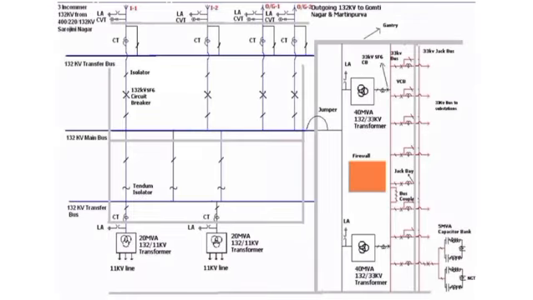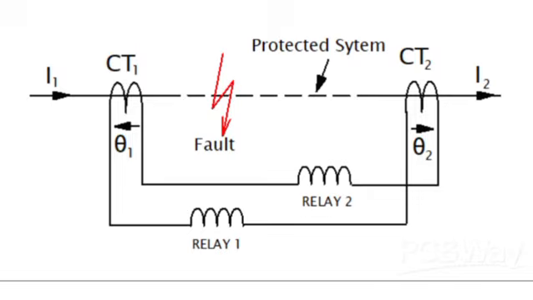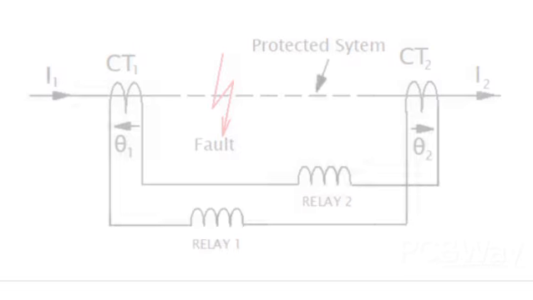The protection of a 132 kV substation is critical for ensuring system stability, preventing damage, and ensuring the safety of both personnel and equipment. Key protection schemes include: differential protection monitors the difference in current entering and leaving a section of the substation. Any imbalance indicates a fault.